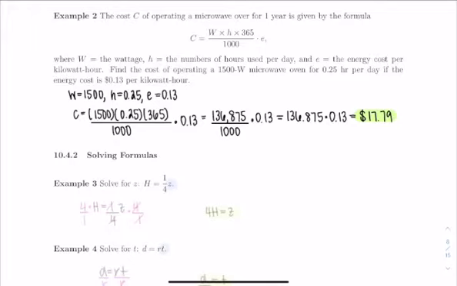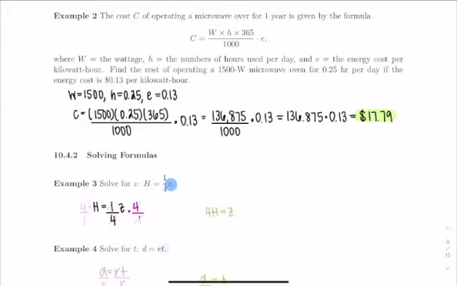Now what we also do is we can solve formulas for different variables in the formula. So solving for Z, we have H equals 1/4 Z. So what this means is we want to have Z completely by itself when we're done. So to undo the multiplication of 1/4, we multiply by the reciprocal, which in this case is 4 over 1.